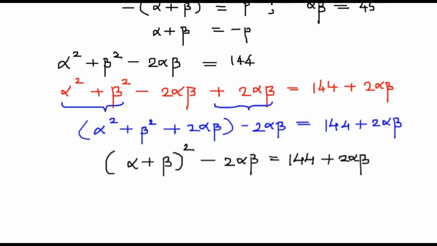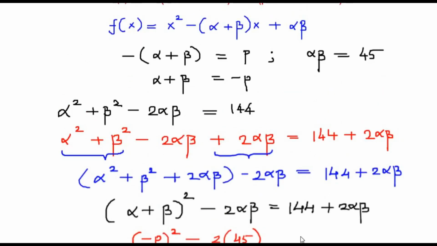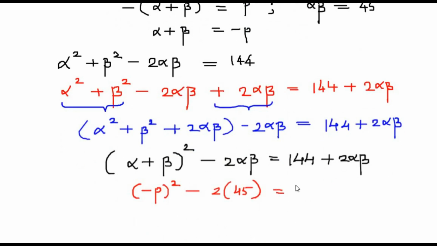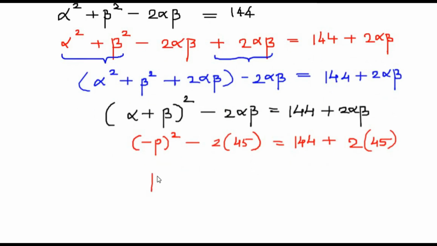So here we'll write negative p to the power of 2 since it is a square, minus 2 times alpha beta, which is 45 as we have got over here, and this is equal to 144 plus 2 times again 45. So here negative p square turns into positive p square, minus 2 times 45 is 90, equals 144 plus again 2 times 45 is 90.